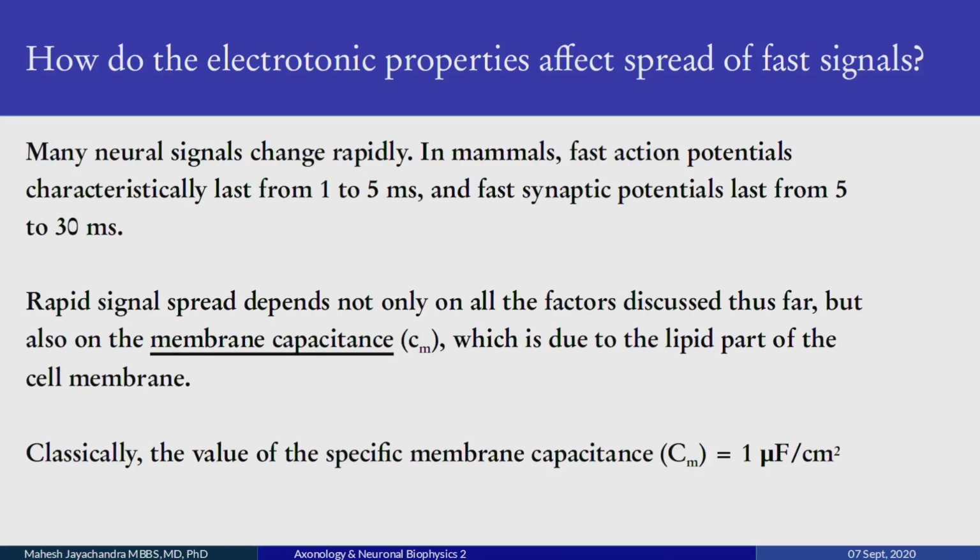So rapid signal spread depends not only on all these factors discussed so far, but also on the membrane capacitance, because when there is a rapid change, capacitive effects come into play. And of course, just to remind you, the capacitance is due to the lipid part or the lipid moiety of the cell membrane. Okay. And classically, we put the value of specific membrane capacitance, C subscript m, as 1 microfarad per centimeter square. Okay.